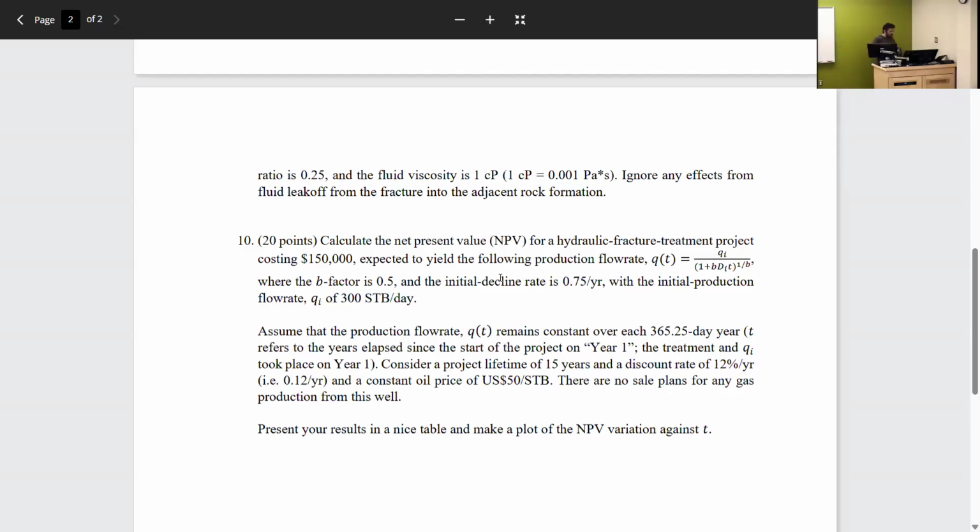So the revenues, the cash flow on the second year, is something like almost 3 million. Then you take those 3 million and divide by 1.12, and it becomes a smaller value.